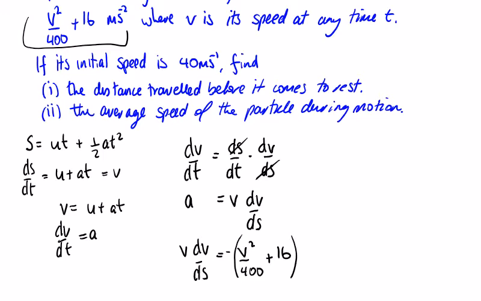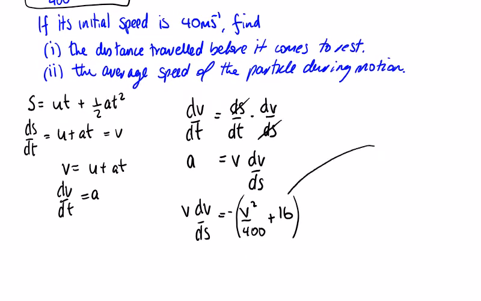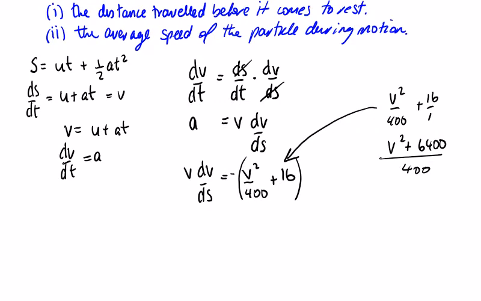So we want the s on its own and we want dv on its own. Might make sense to put this into a single fraction. V squared over 400 plus 16 over 1 is going to be v squared plus 16 by 400, 6400 over 400. So I can bring that guy down then. I'll leave the minus on the right hand side and bring the ds over.